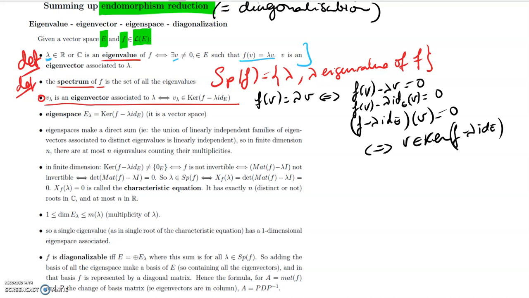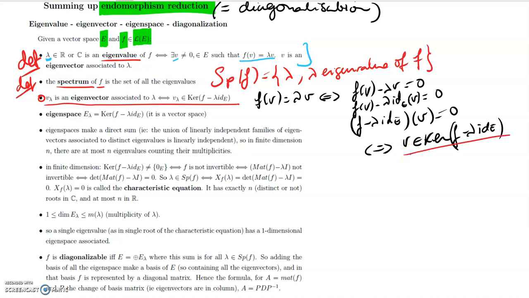Okay, so that's why when you are looking for the eigenvector, one very common way to do that is to find all the elements that belong to the kernel of your map minus lambda, once you have found the eigenvalue, minus lambda times the identity.